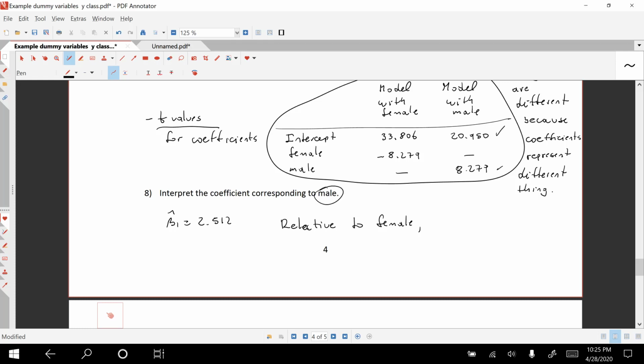So we say that relative to females, the average wage for males is $2.51 higher. Of course, you see this coefficient is positive and the t-value is positive. Previously, that coefficient was negative and the t-value was negative. But in either case, they are both highly significant.